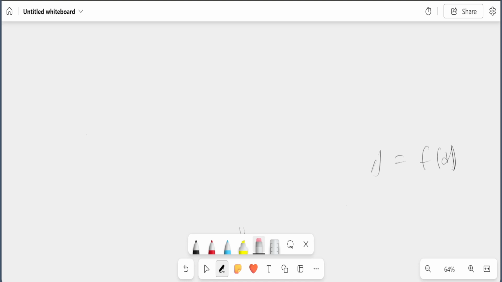Okay, sketch a function such that f of 2 is equal to 4, f of 4 is equal to 2, f does not satisfy MVT on [2, 4].